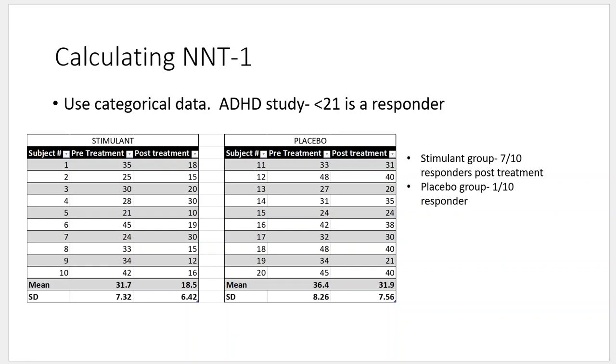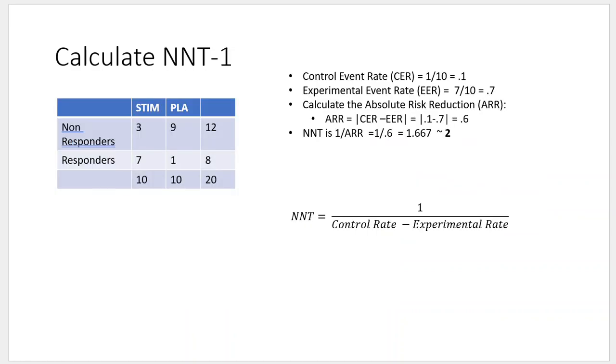In the placebo group, only 1 of 10. So we have a control event rate, which is 1 over 10, or 0.1. And then we have the experimental event rate, which is 7 over 10. And then we just subtract one from the other and take the absolute value. And then the NNT is the reciprocal of that.